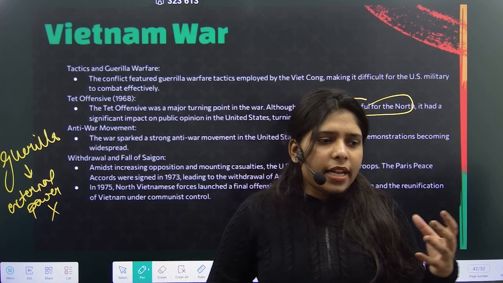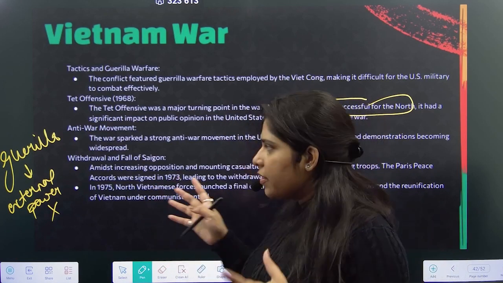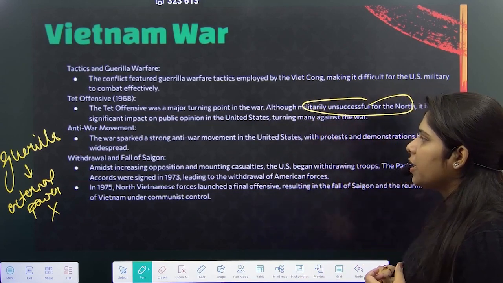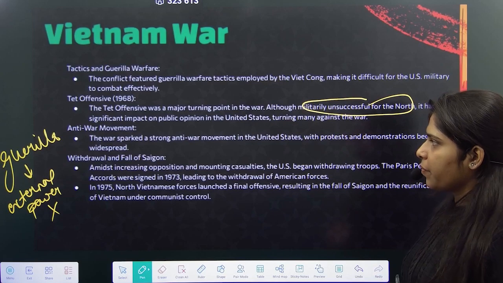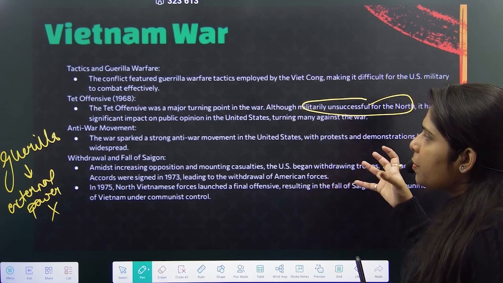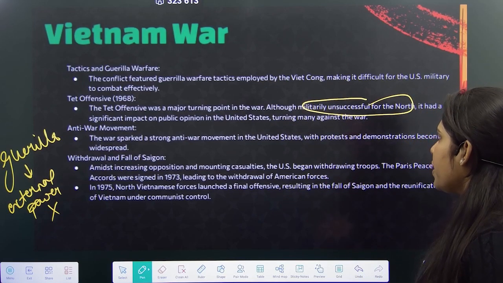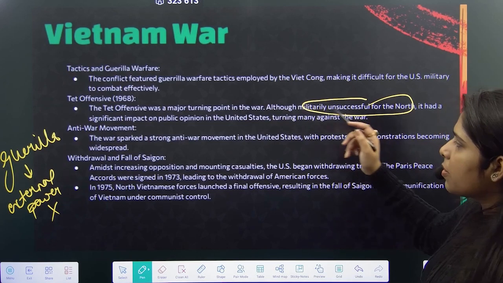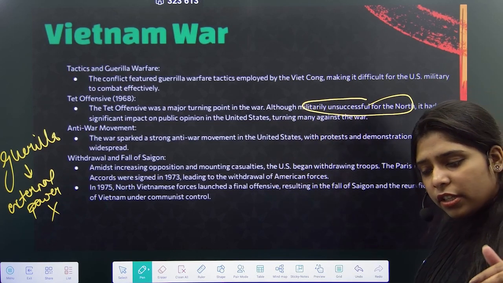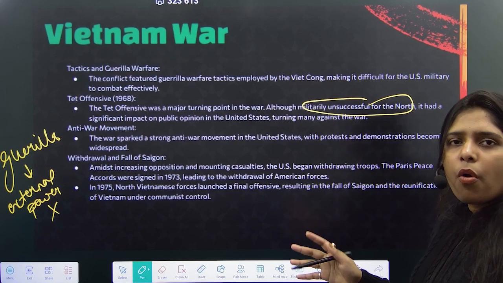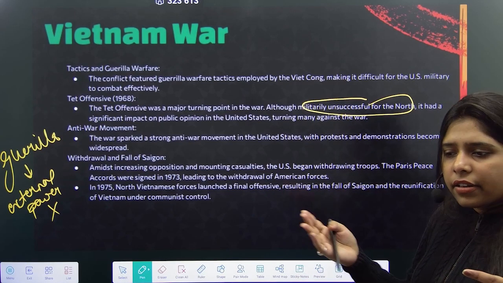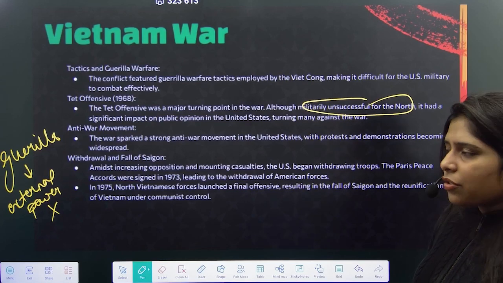It shaped the entire perspective of US people towards the war. The war sparked the anti-war movement in the US, with protests and demonstrations becoming widespread. People were demonstrating that the US should not go ahead with the war, not retaliate, return, and just let the situation be.